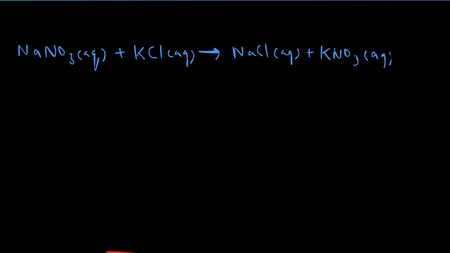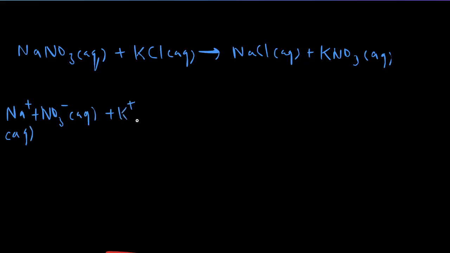Okay, so now we break this up into its ions to get the total ionic equation. So this is aqueous, so we do Na plus, NO3 minus. I forgot to write aqueous here.